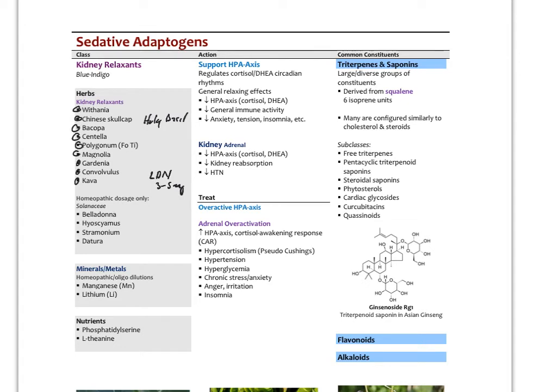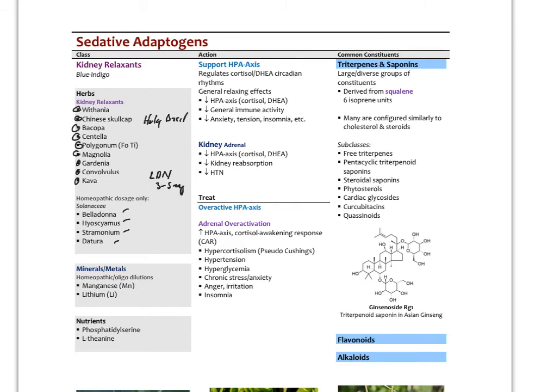In the homeopathic dosage ranges, belladonna, hyoscyamus, stramonium datura, all the Solanaceae, nightshade family plants, tend to help downregulate the HPA axis. And I'll say also in the homeopathic literature, there's another very important family that's used, and that's the buttercup family. And that includes pulsatilla, Staphysagria, which is blue delphinium, aconite, all those different herbs in the buttercup family.